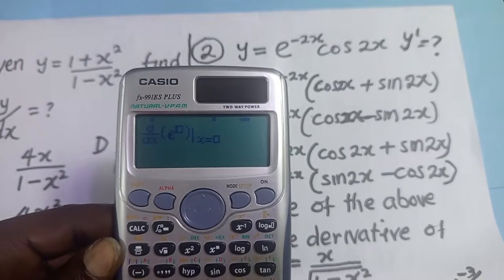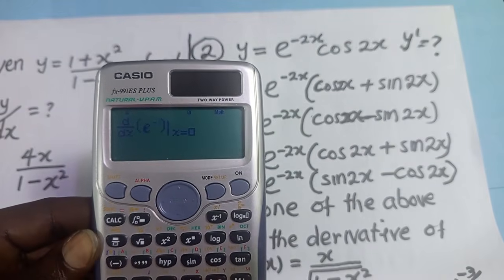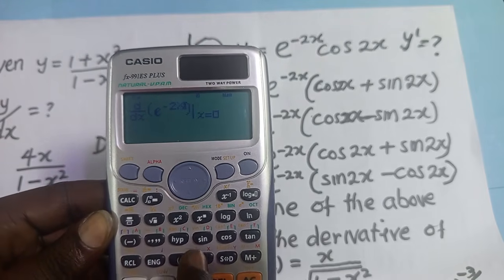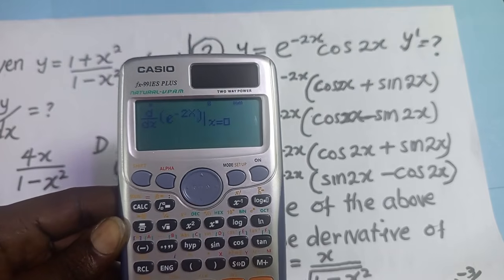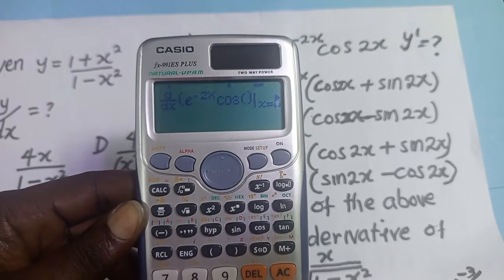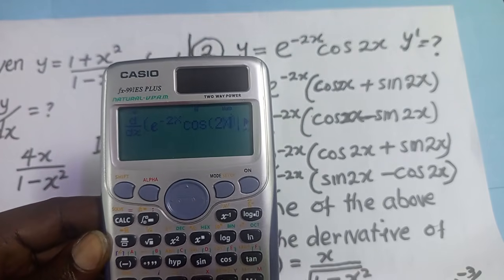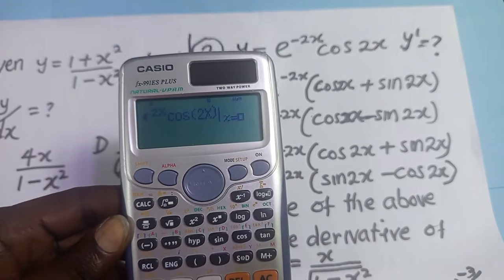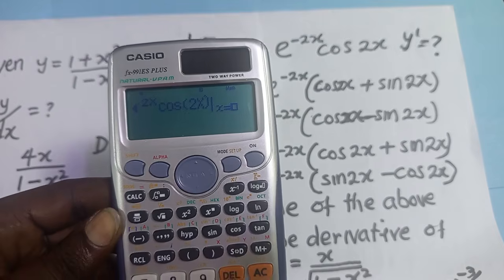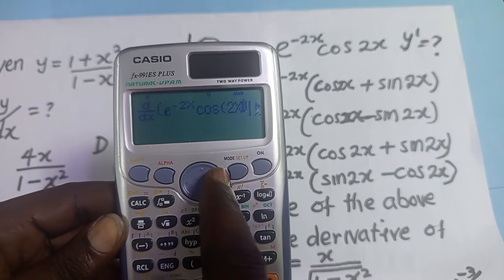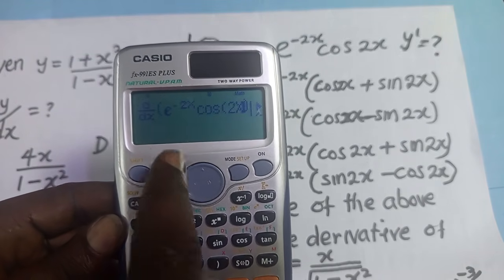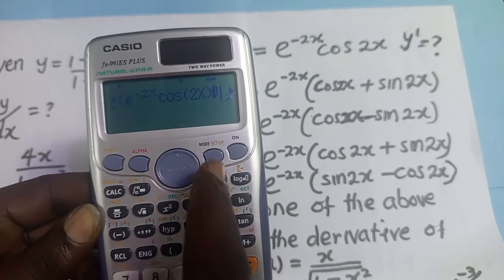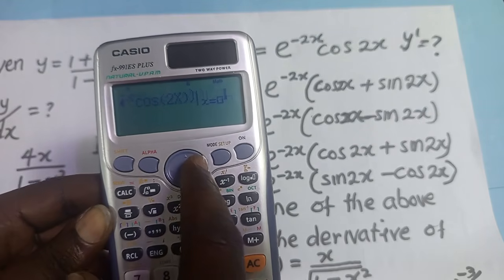Press shift to bring it out, then raised to the power minus 2 alpha x. Then bring down cos 2 alpha x. Then close the bracket, check there is an open bracket here and close it. Then shift it forward.